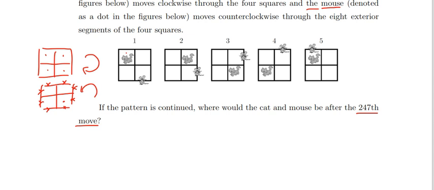We just find the remainder of 247 for the cat. 247 mod 4 equals 3, right?